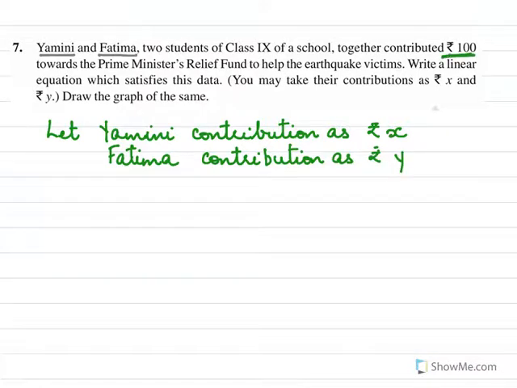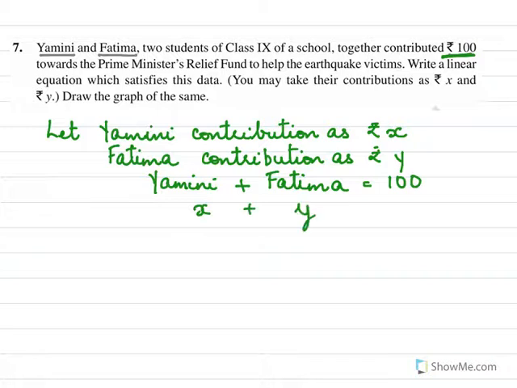Now it's given both of them together contribute 100, which means Yamini plus Fatima equal to 100. So x plus y equal to 100. This is our equation, and we need to find the points.